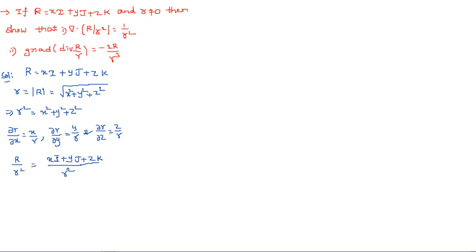If you want, you can write R square as x square plus y square plus z square and then continue, or directly you can also choose. Now, what is the problem they gave here? Del dot R by R square is equal to.